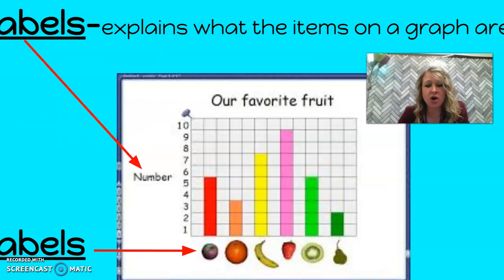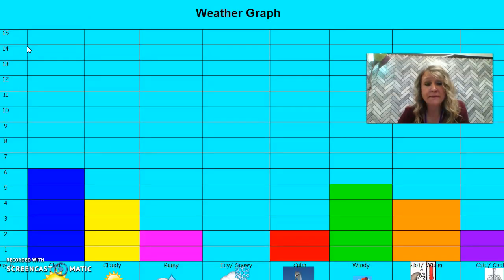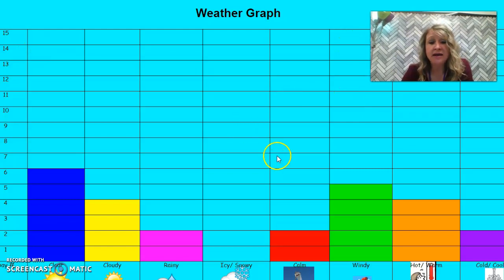And what are these? These red arrows are pointing to the labels. Very good. That explains what the items on the graph are. This, my friends, is called a weather graph, and it looks very much like the one we did in our classroom when we were talking about weather.